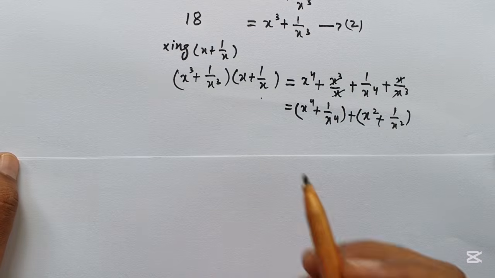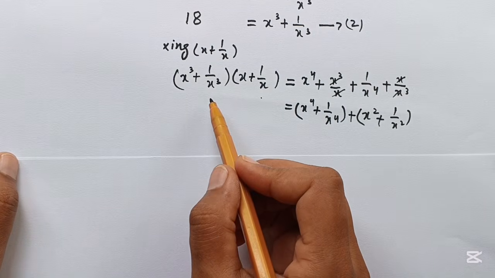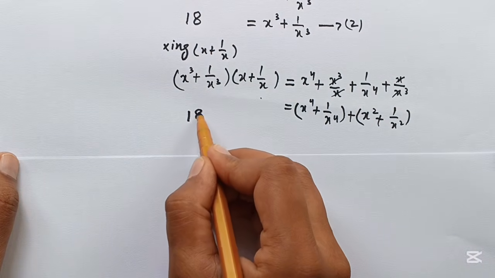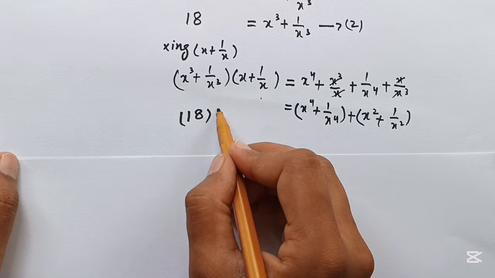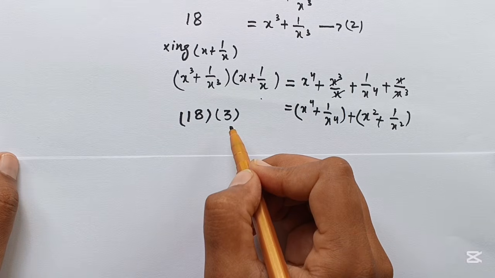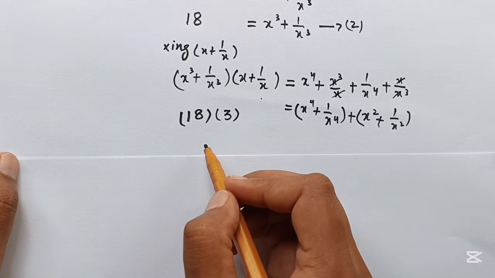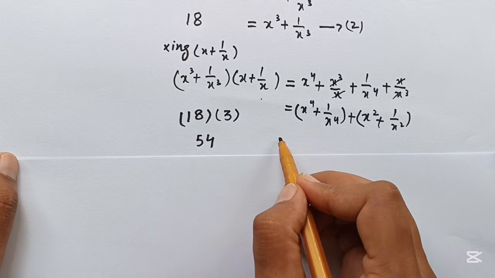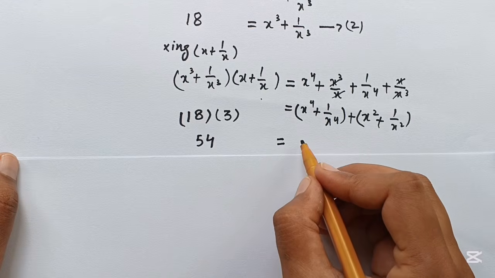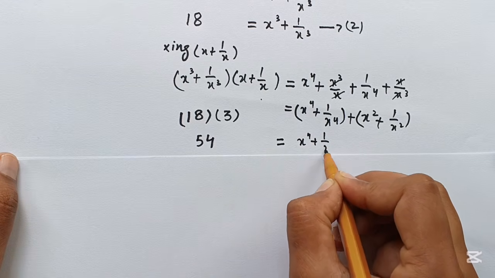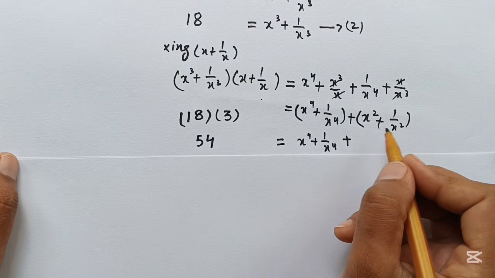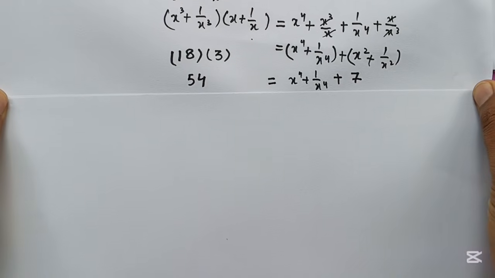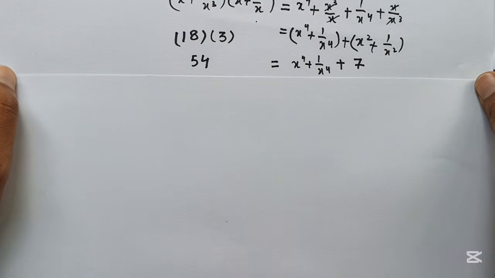Now putting these values, x cube plus 1 over x cube value is 18, and x plus 1 over x value is 3. 18 times 3 is 54, which is equal to x power 4 plus 1 over x power 4, plus the value of x square plus 1 over x square, which is 7 from equation number 1.